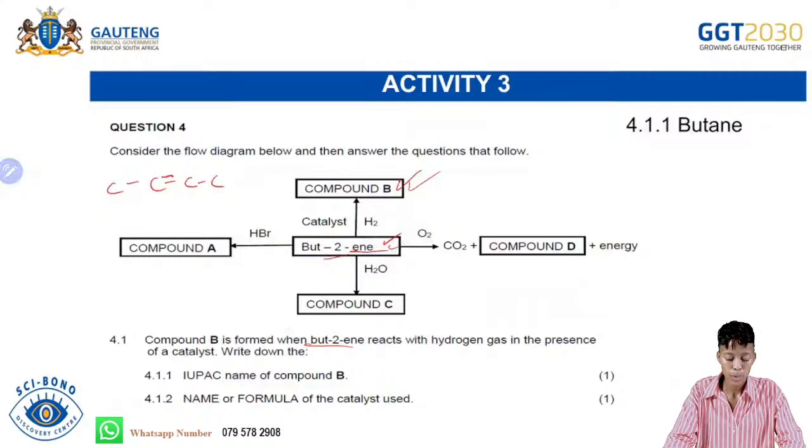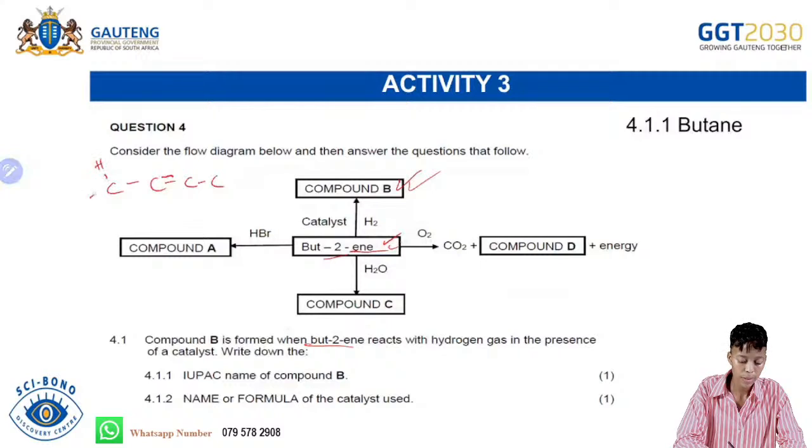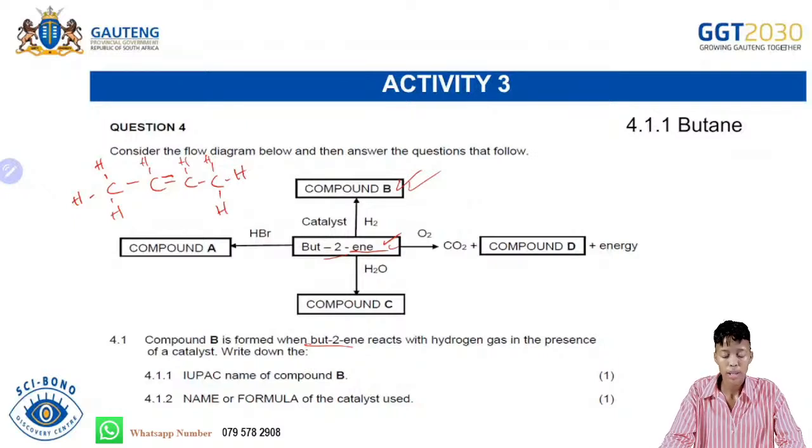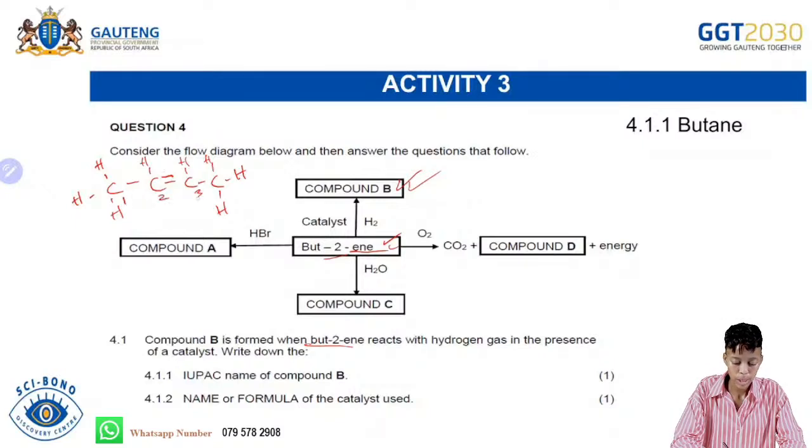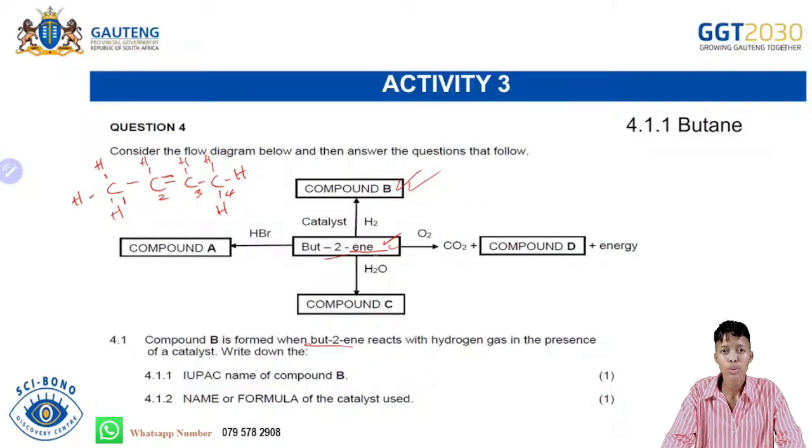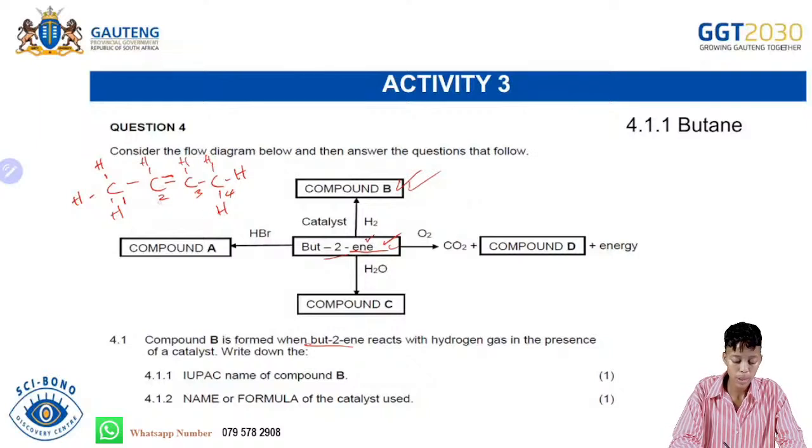So if you have a double bond on carbon number 2, on the first carbon you are going to have 3 hydrogens, the second one, 1 hydrogen, the third one, and the last one, you are therefore going to have what? 3 hydrogens as well. So carbon 1, 2, 3, 4. On carbon number 2 you have a double bond because of the ene there.